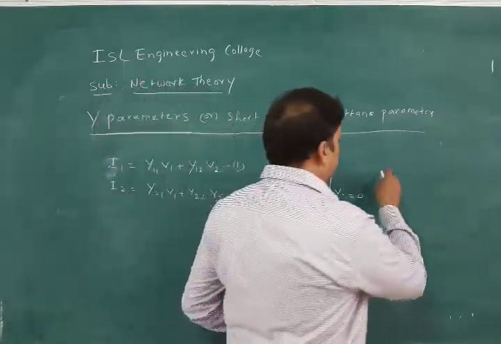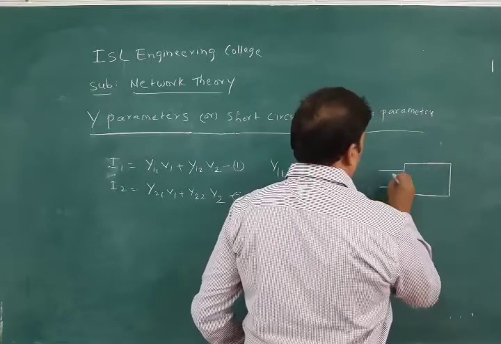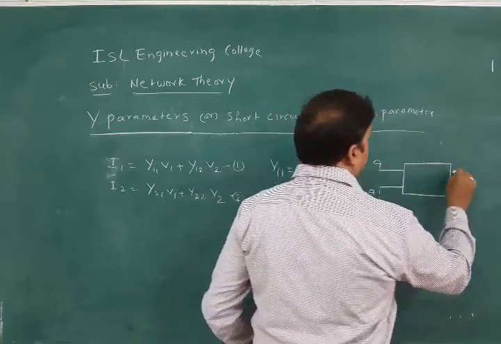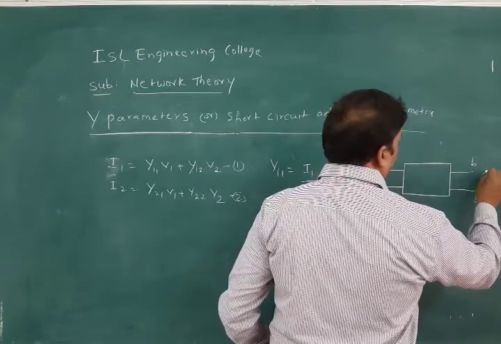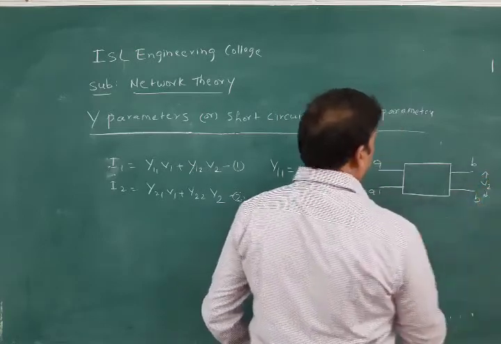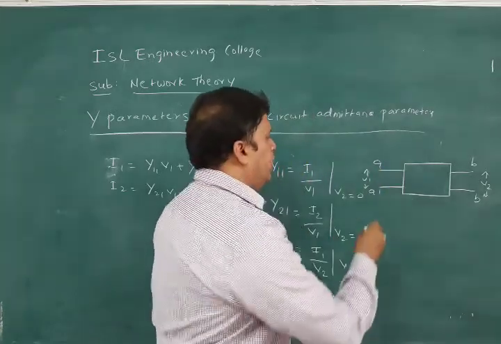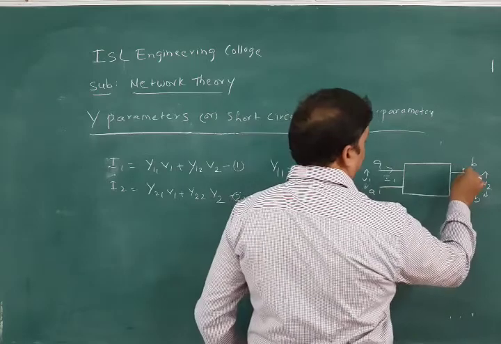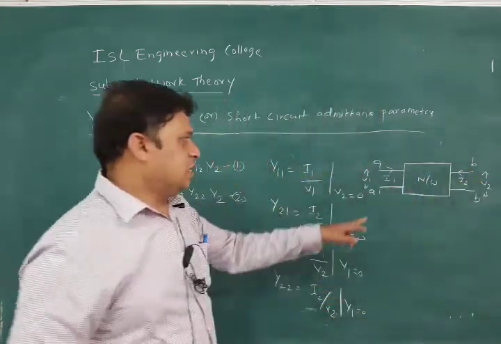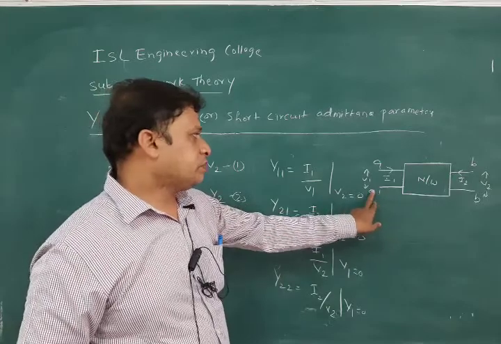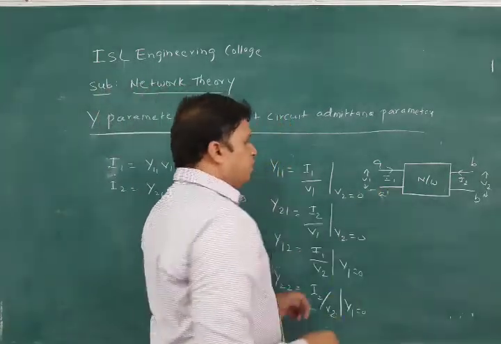Now if we see here, this is port a-a dash and b-b dash, with V2 and V1, I1 is the current here and I2 is the current here, in this network.